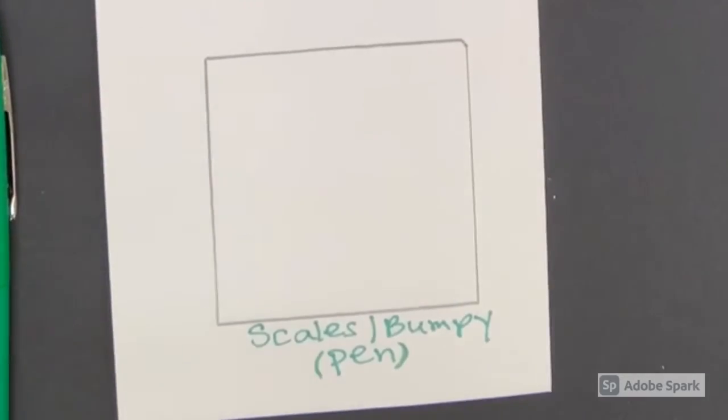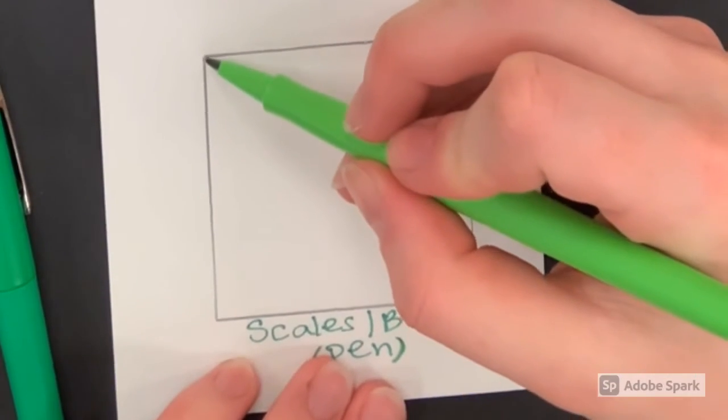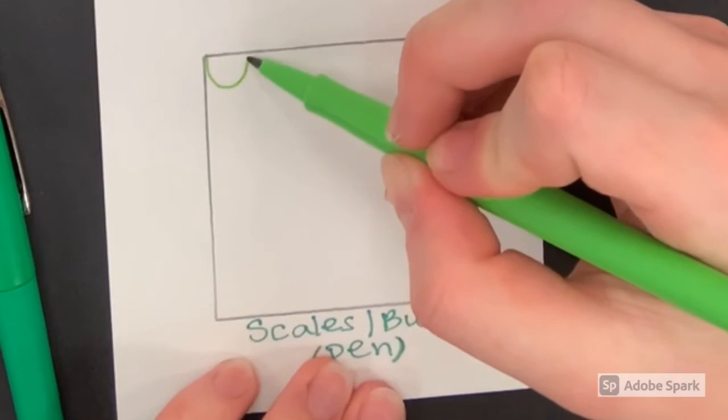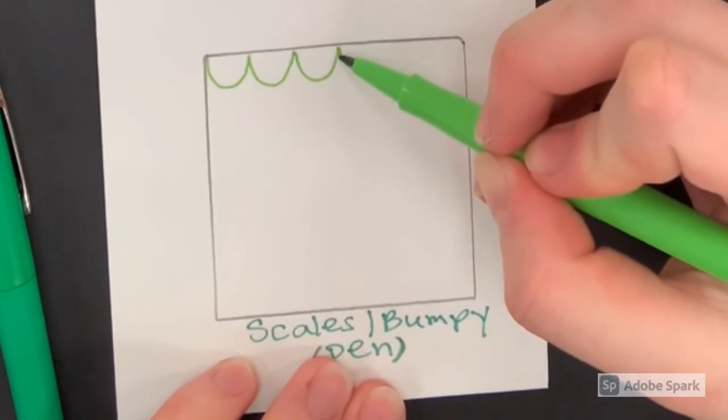To create my scaly texture, I'll be using 2 colors of green pen. Start by creating a U-shaped or scalloped line and stagger as you go on to the next row, as you did with your bricks.